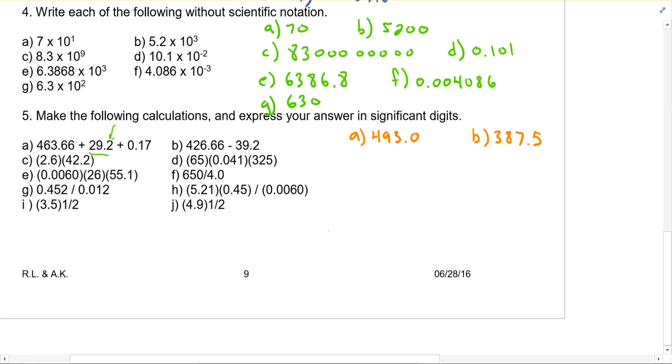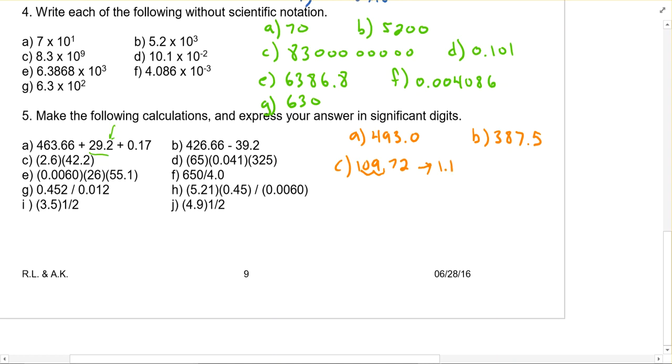So I'm just going to write down the whole thing. That's my answer if you multiply them. But I can only have 2 sig digs. The only way I can do that is by writing this in scientific notation. So I have to move this decimal place 2 times to the left. So this becomes 1.1, because it rounded up to a 1, right?